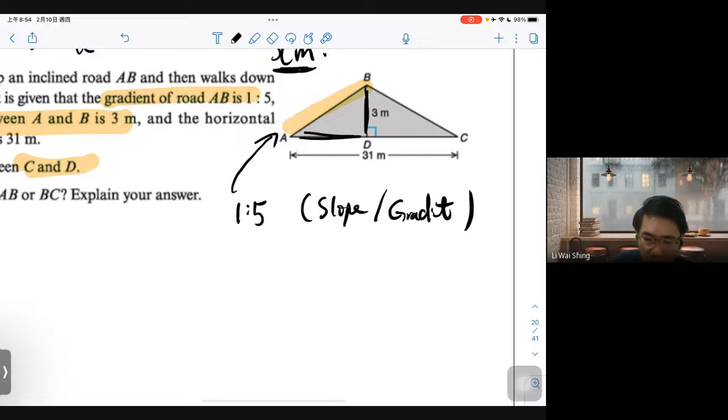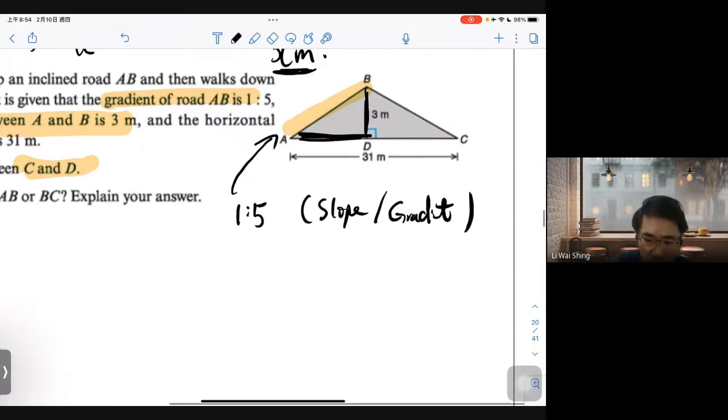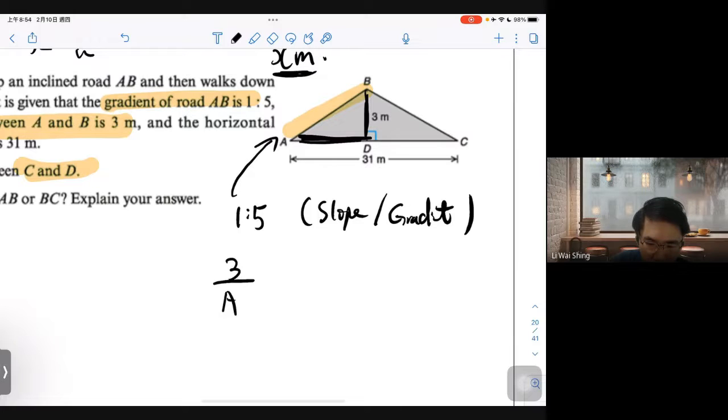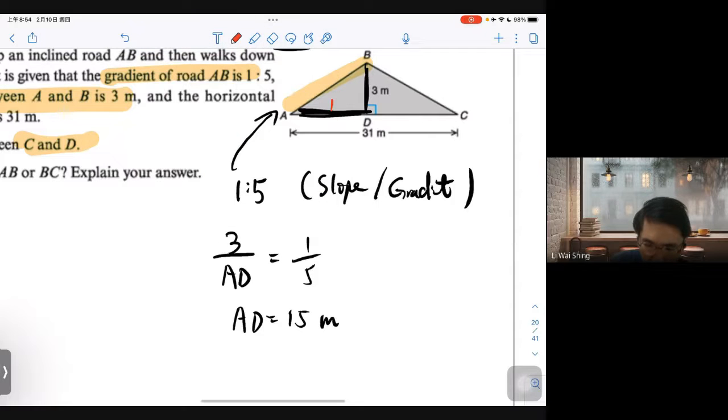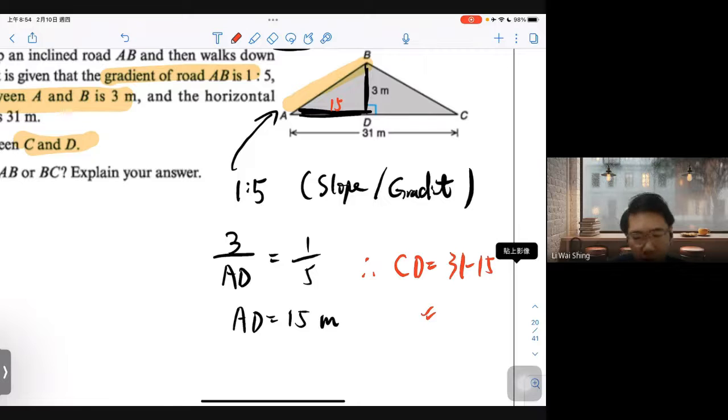Vertical distance divided by horizontal distance. That's why 3 over AD is equal to 1 to 5. You'll find that AD equals 15 meters. Using the slope, you can find the horizontal distance. That's why CD is just equal to 33 minus 15, which is equal to 18 meters.